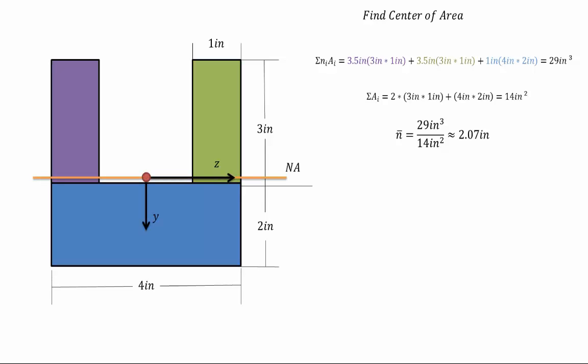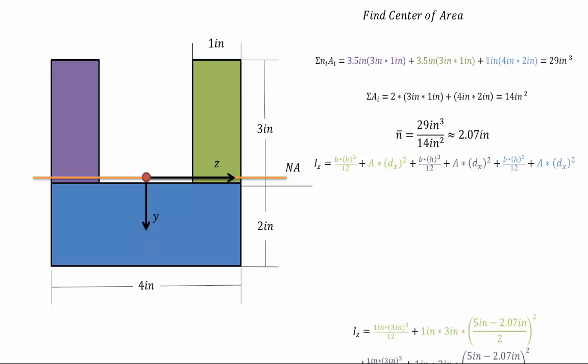So now that we know where our center of area is, shown here, the neutral axis horizontal, we now need to find the moment of inertia. Now normally for a shape, and specifically a rectangle, we would use the equation bh cubed over 12 to find the moment of inertia. However, these rectangles are offset from the axis, so we're going to have an A d x squared term involved, and we have that for each of these terms as shown.